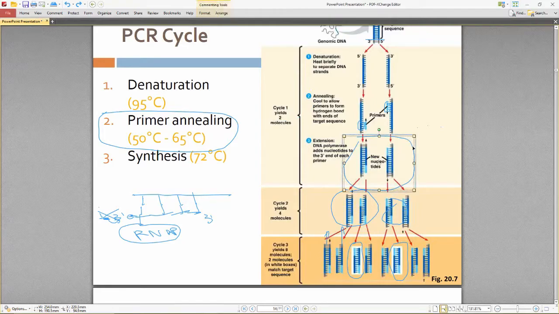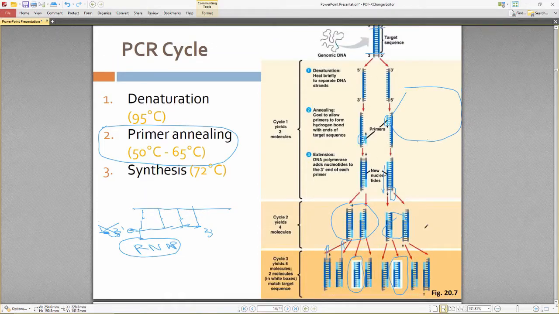In cycle 1, if we look at this molecule, Taq polymerase is continuing in this direction where it should have space to go for a very long time. We're not going to let it go all the way to the end of the genome because we don't need that information. So we control the enzyme using temperature.